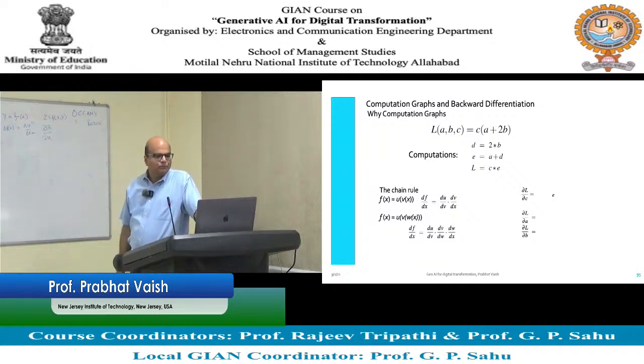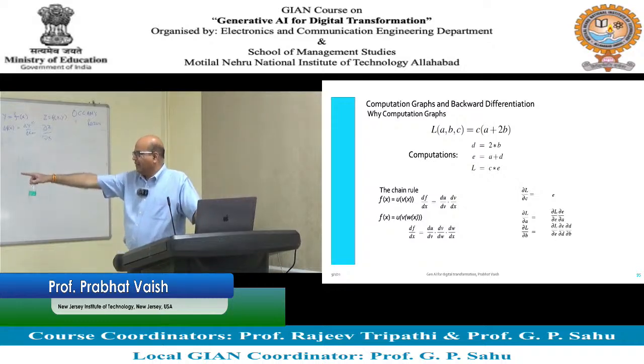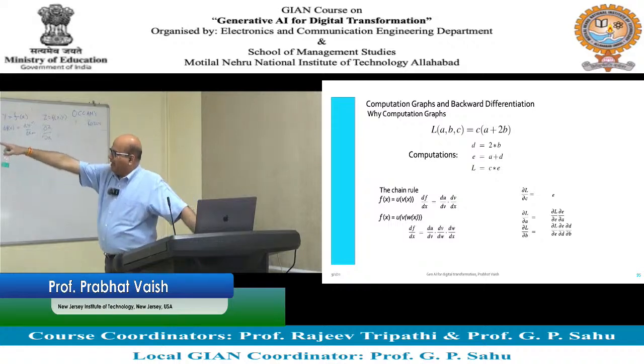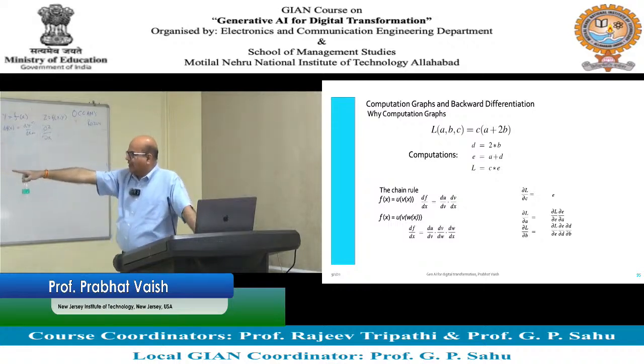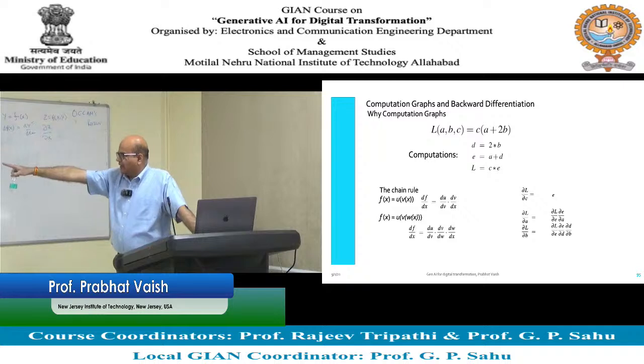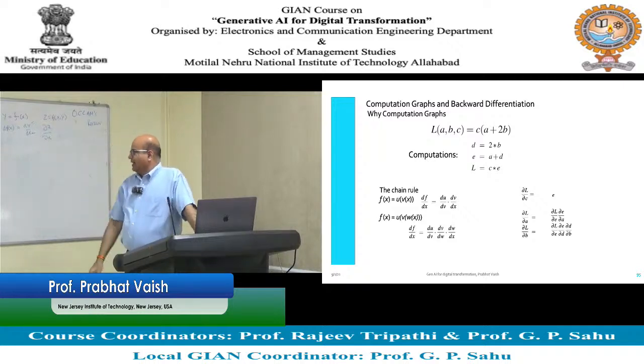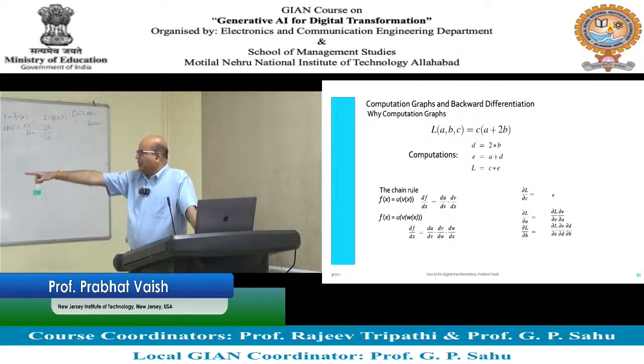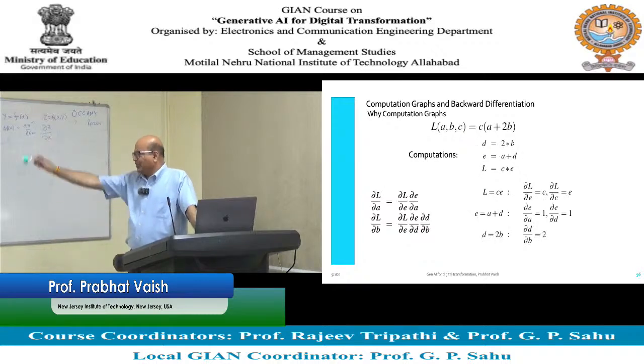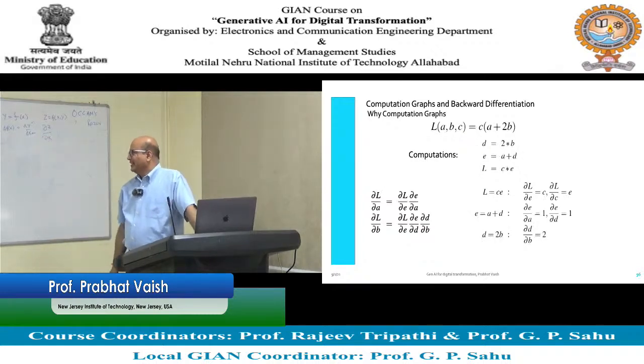So you calculate the same way. A is part of E, so you would calculate partial derivative of L over E, times E over A. E is broken down into D and A. Eventually, if you solve it, this is what you end up with.